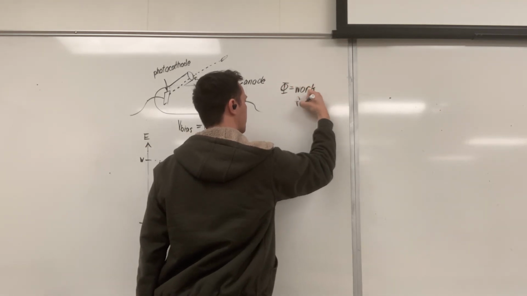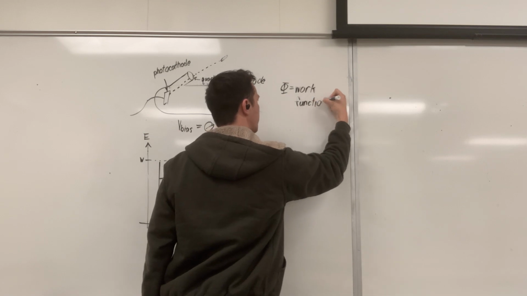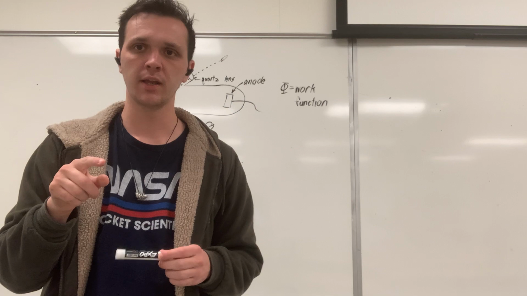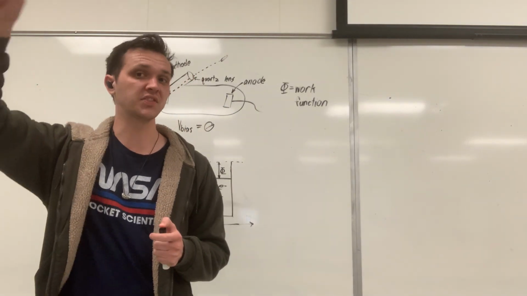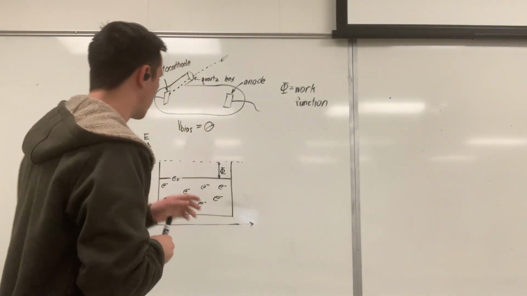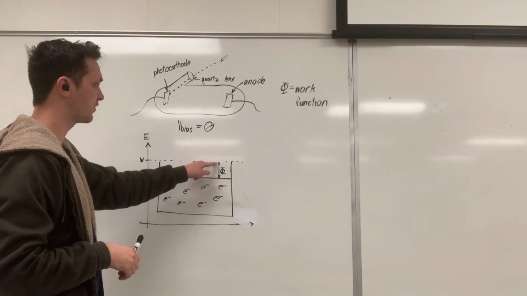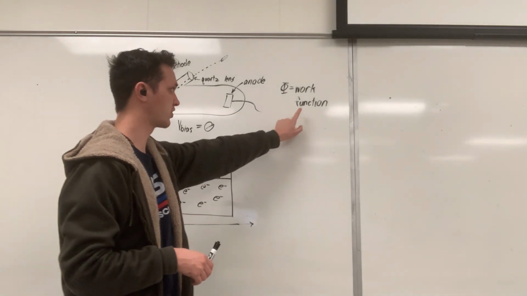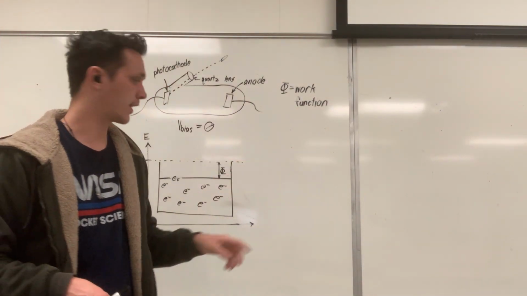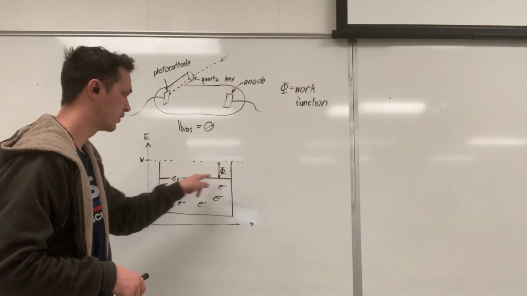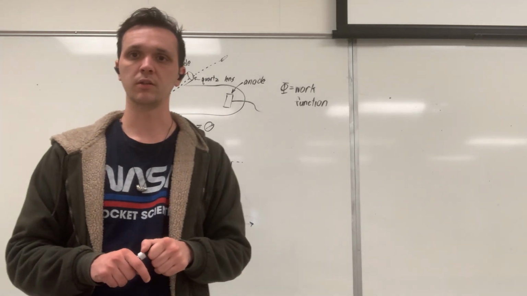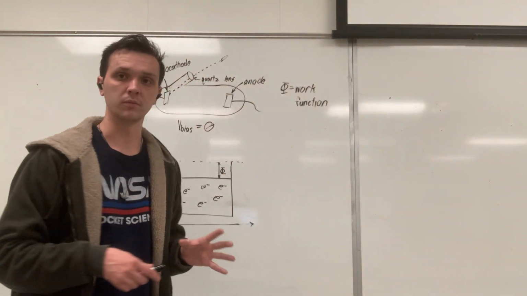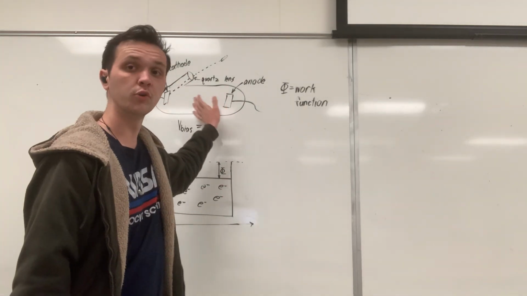So the work function represents the energy that you need to give an electron in order for it to successfully escape the lattice. If you give it just enough, plus a little bit, energy equal to the work function, then an electron at the top of this Fermi sea will be able to escape the lattice and travel through this vacuum tube.